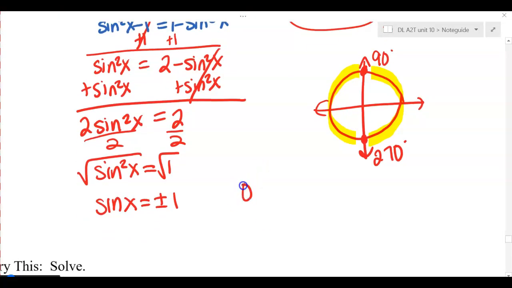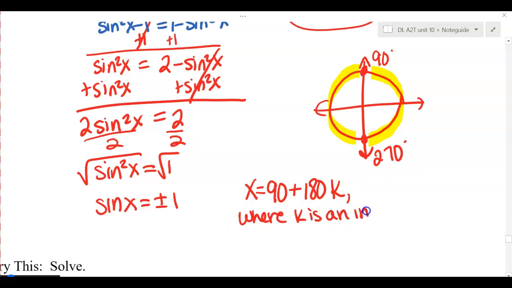So my answer here would be that the angle could be equal to, pick one of the places that you know could be a starting point, so say 90, plus how far is it to the next solution since they're equal distance apart. In this case is 180. And then the k goes with 180 because you could jump 180 one time or 2 times or 3 times or negative 3 times from 90 and still land on a solution. Again, we have to specify that k is an integer.